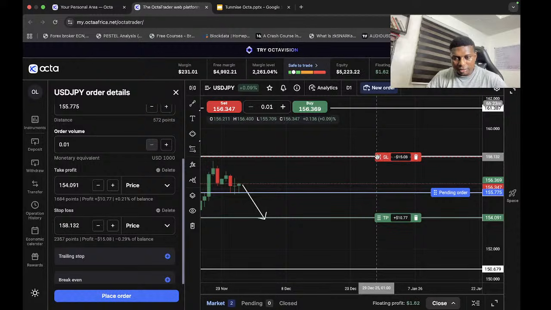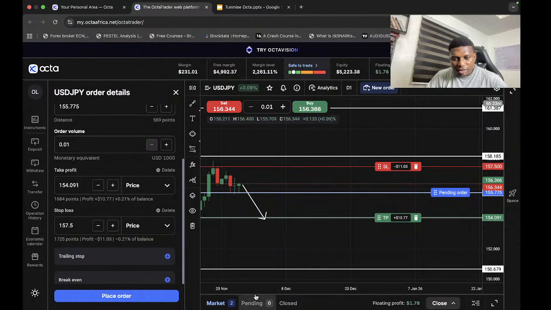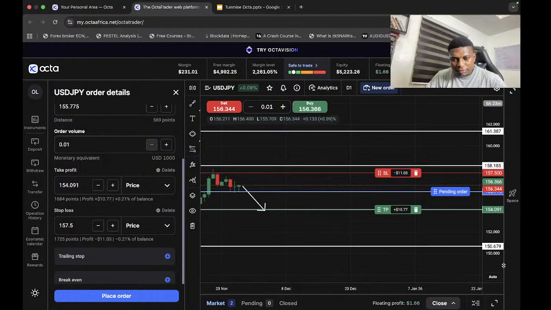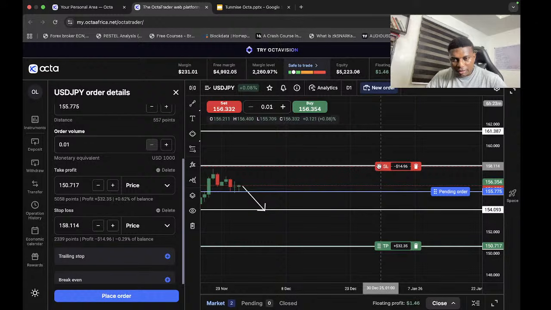No, my stop loss cannot be that, so let me see, we need to check something. Yeah, my take profit will be here. My stop loss will be here. So this will be my stop loss level and my take profit level.